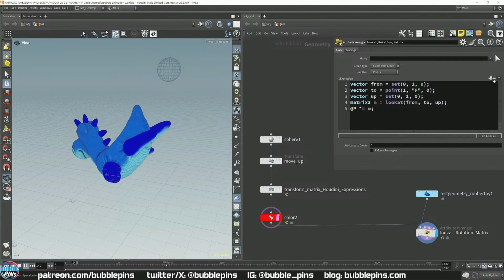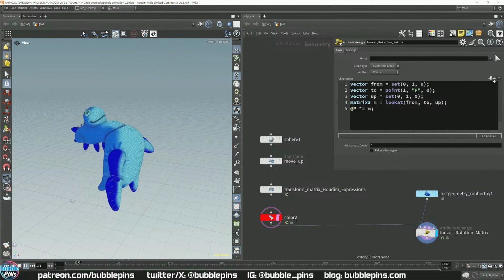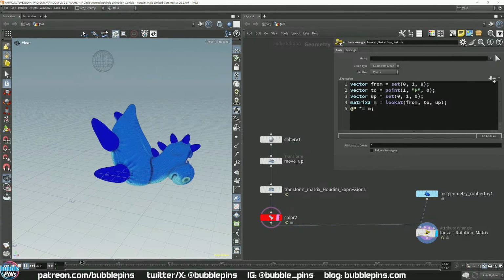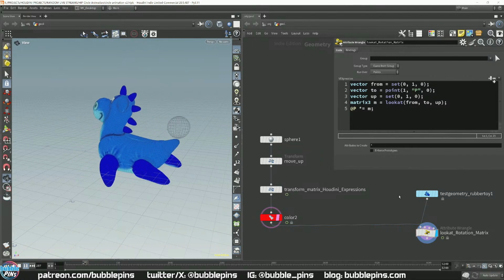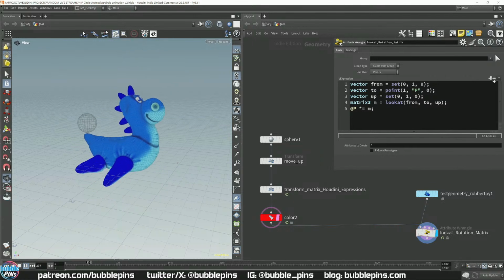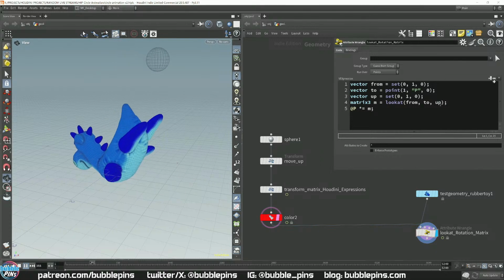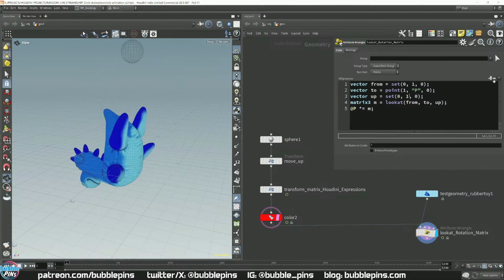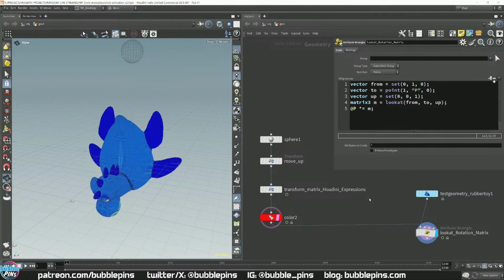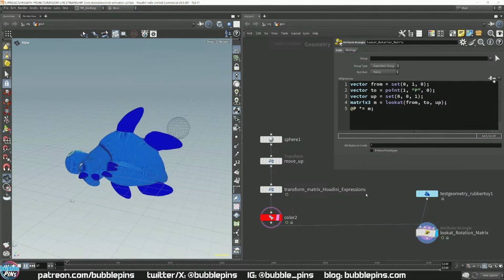Oh, the thing just snapped. 0, 1, 0, 0. Oh. Now these are the exact parameters I had in my testing. So this one, then it doesn't rotate.